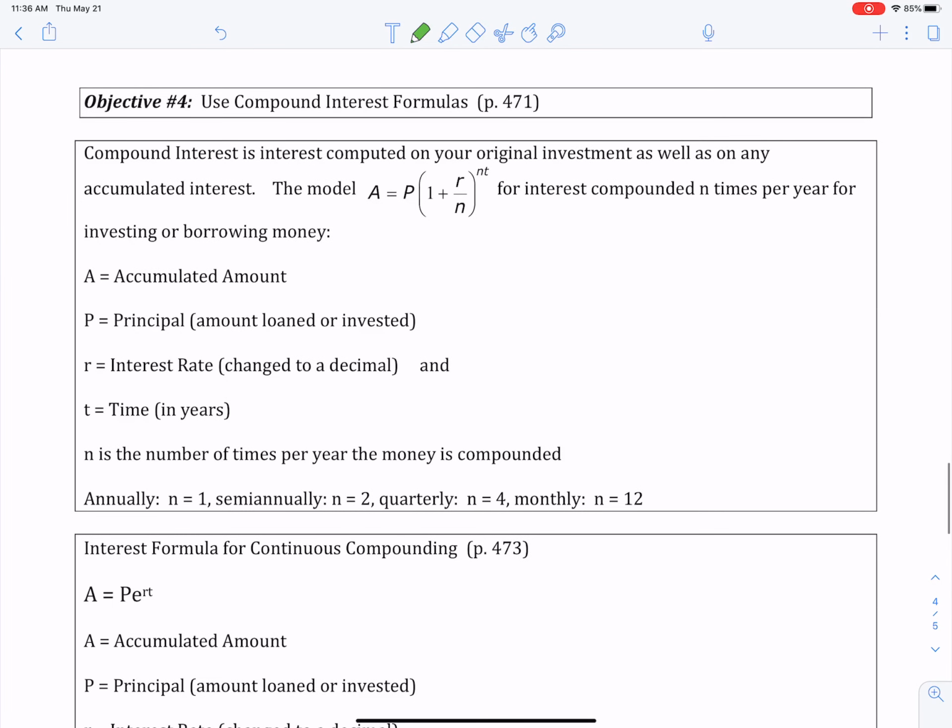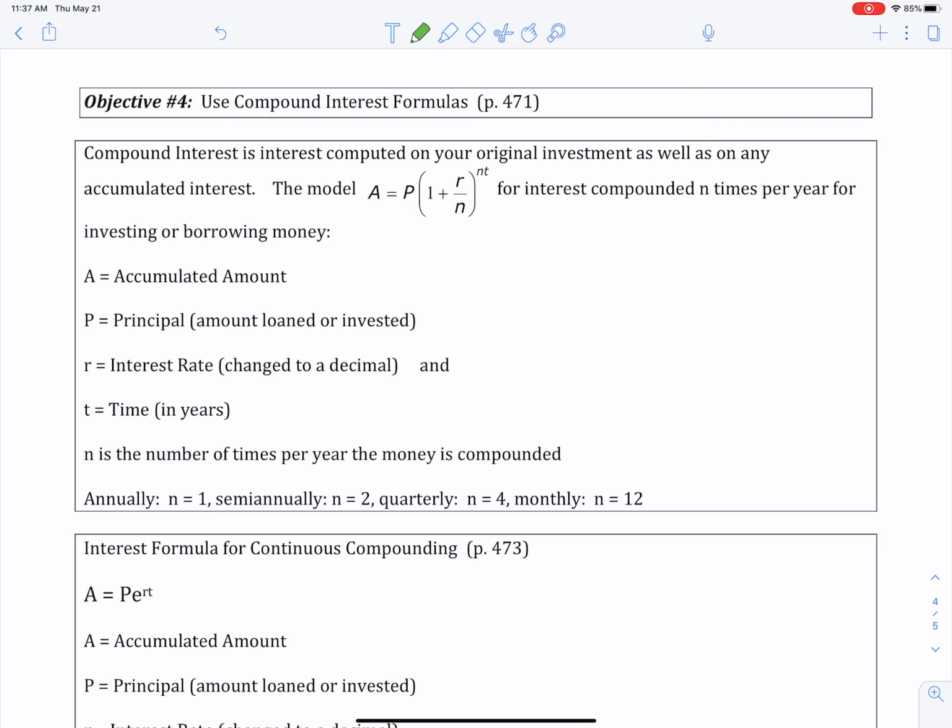Next objective, we're going to be using the compound interest formula to calculate interest. Compound interest is interest that's computed on your original investment as well as on any accumulated interest.